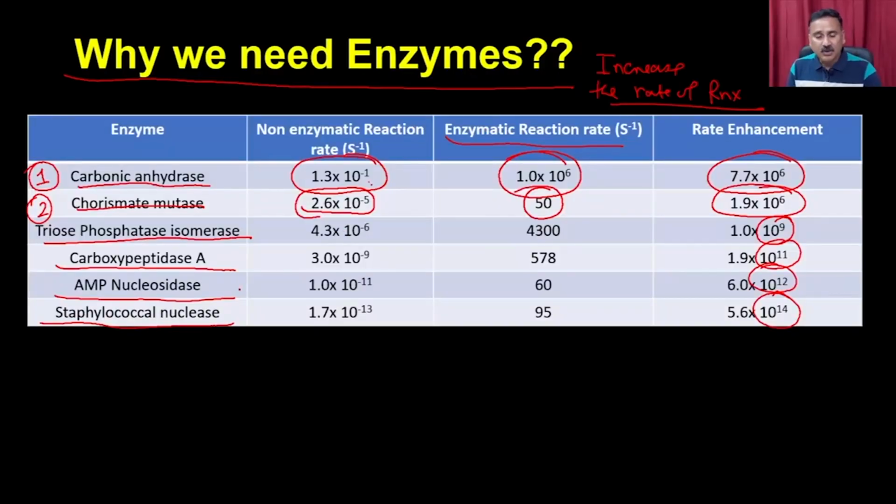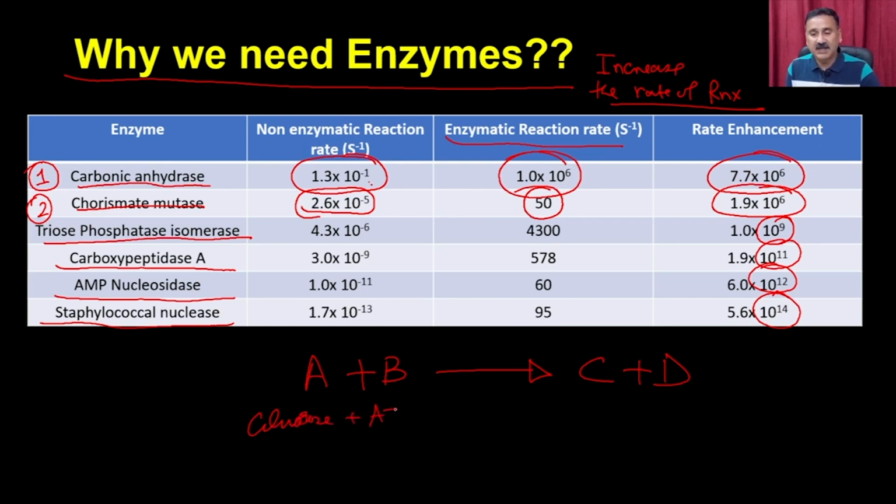And why is it important? It is important for two reasons. If you want to convert A plus B to form C plus D, for example glucose plus ATP, you know this is the first reaction of glycolysis.